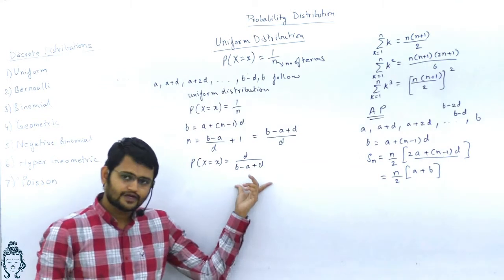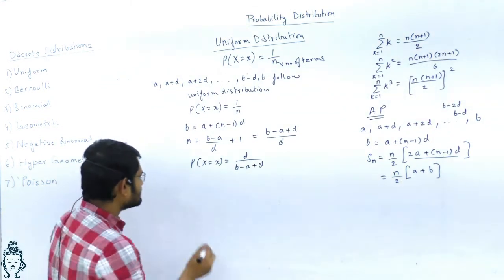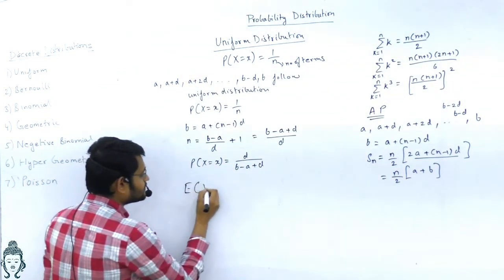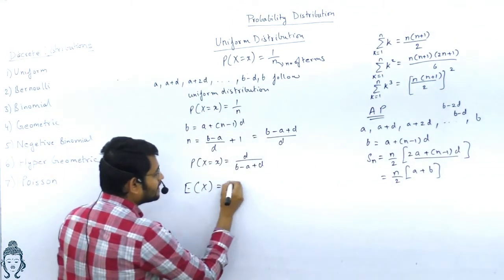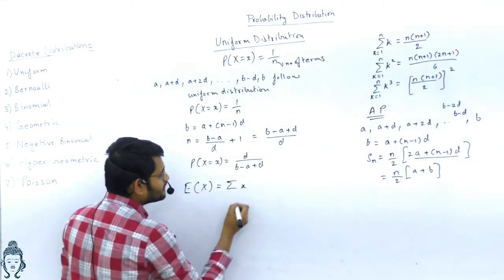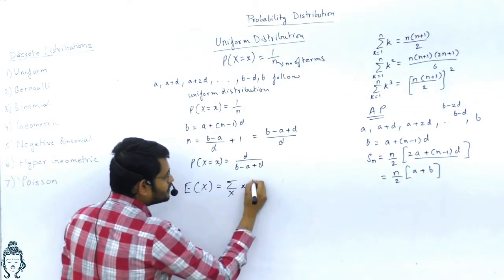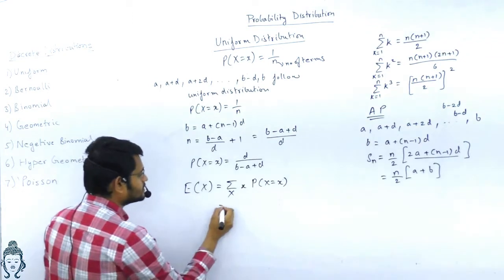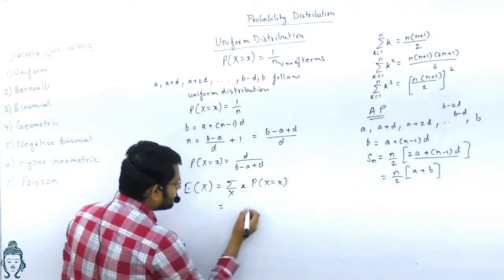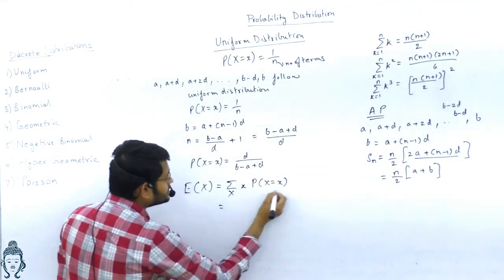We are not definitely going to use this, but let's find expected value. Expected value of x would be again summation of all values of x into probability x is equals to x. So here probability is again a constant.